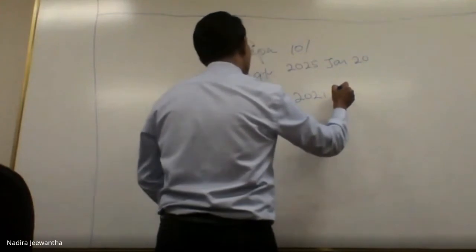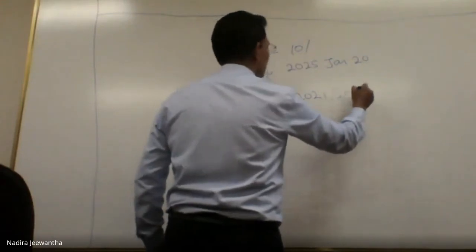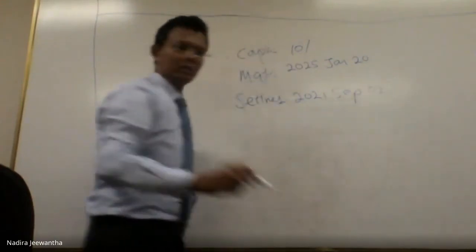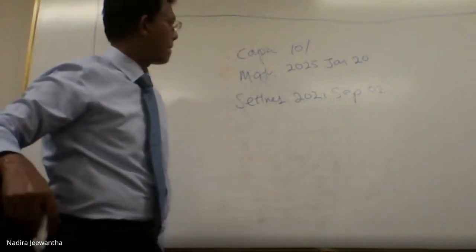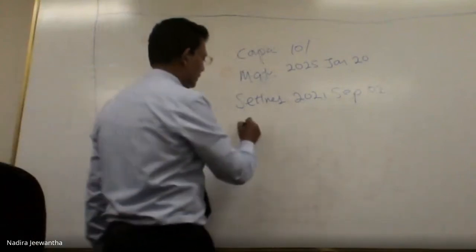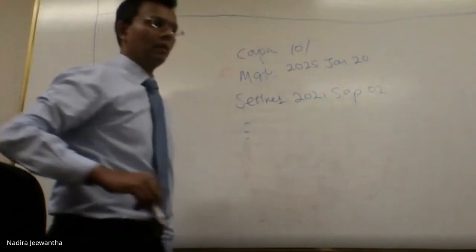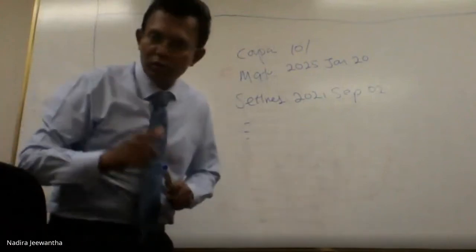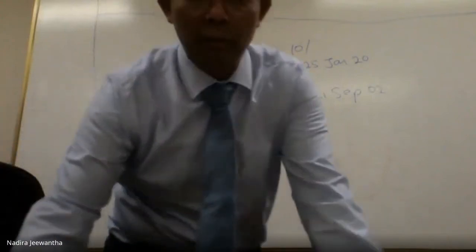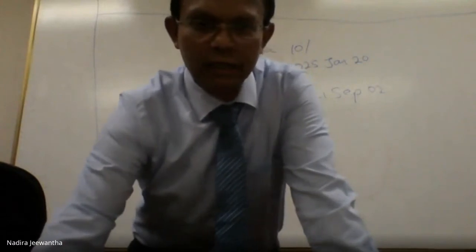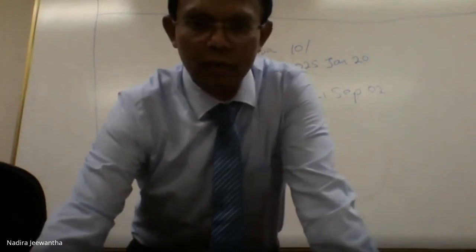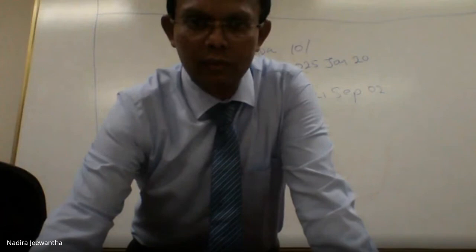September 2nd. You can have other instruments. Fine. Now, features of this particular instrument. Remember, we did it in the class. Features of a treasury bond.